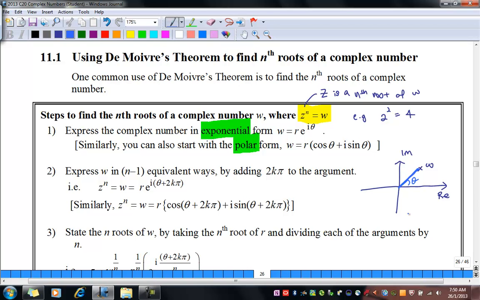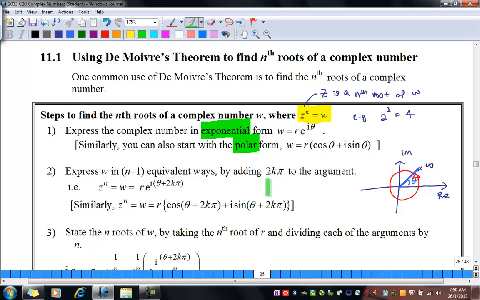But suppose I formed a new complex number by adding 2π to the argument of W. Then my new argument will be θ + 2π, and we notice that I arrive back at the same complex number. What if I add 4π?